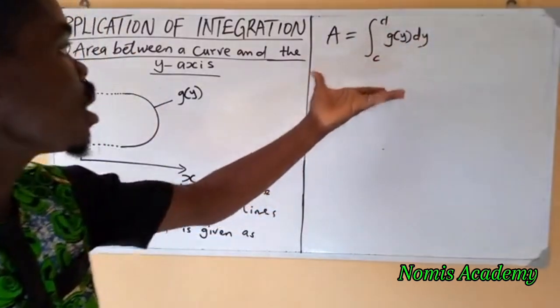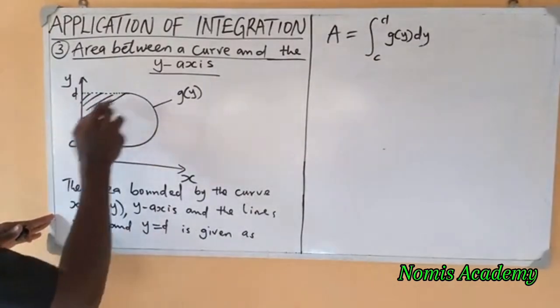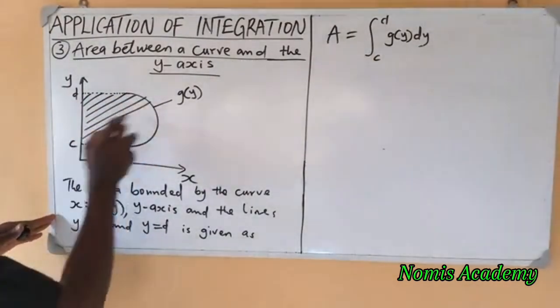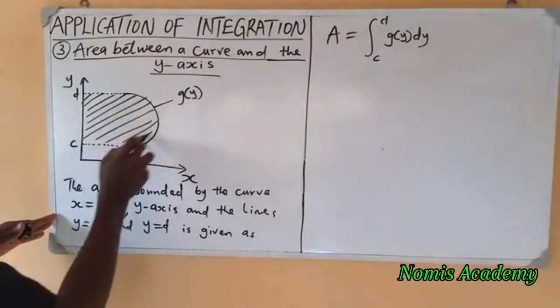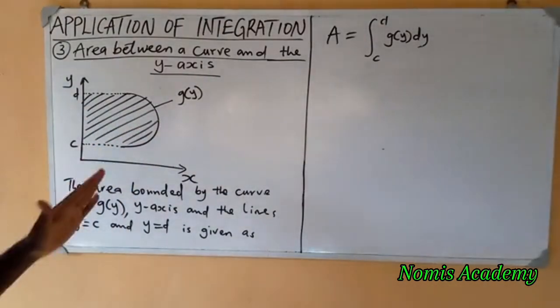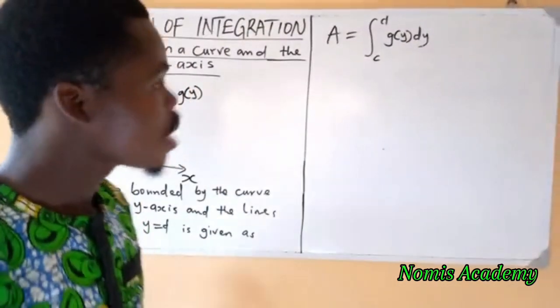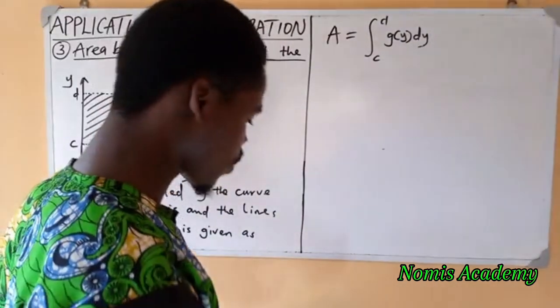So this will be the area between the curve, the two lines, and the y-axis. All right. So if you understand that, let's pick an example to buttress the points.